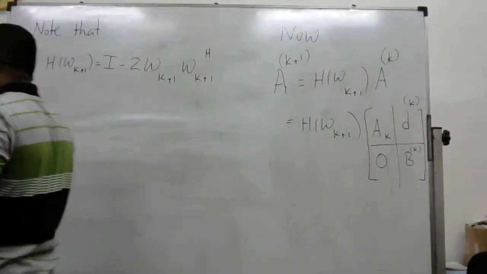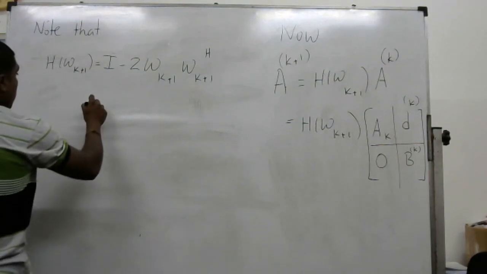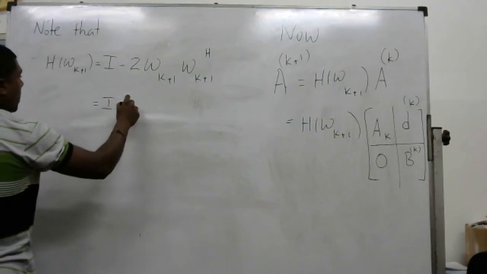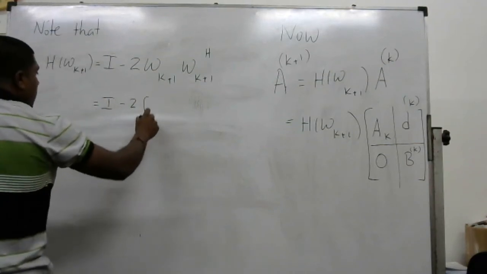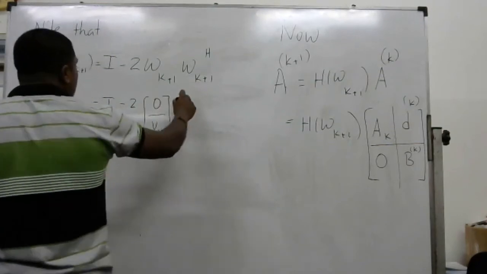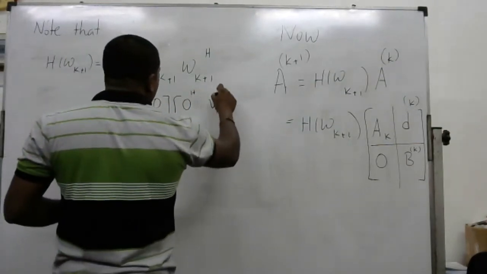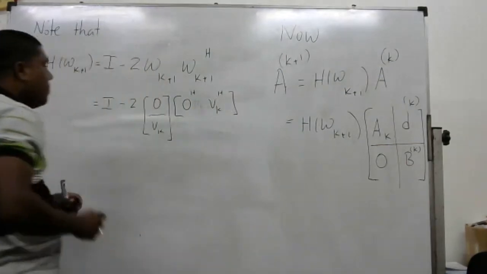So H omega k plus 1 is I minus 2 omega k plus 1 omega k plus 1 Hermitian. Now omega k plus 1 is 0 and Vk, and then you have 0 Hermitian and Vk Hermitian.